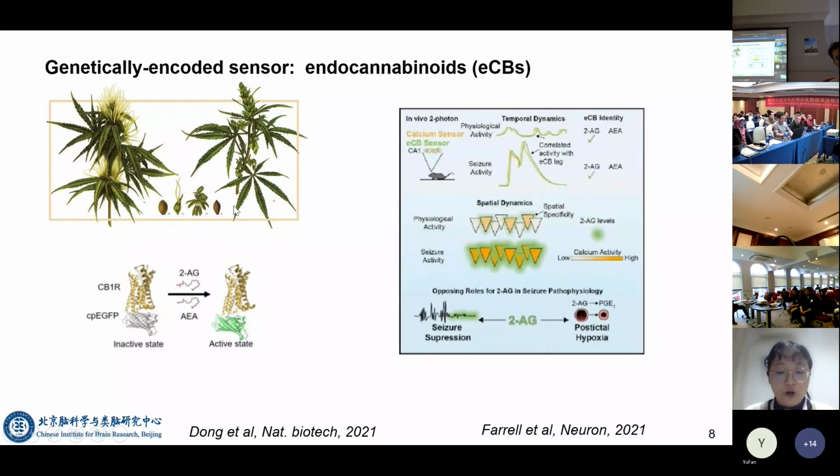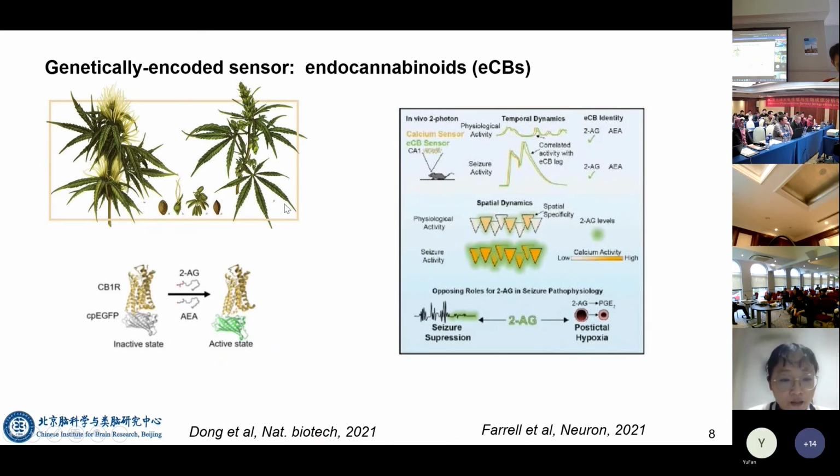The biological function of ECBs is primarily mediated by the activation of the type 1 and type 2 cannabinoid receptors, that is the CB1 receptor and the CB2 receptor. And there are mainly two endocannabinoids, one is 2-AG and another is AEA.